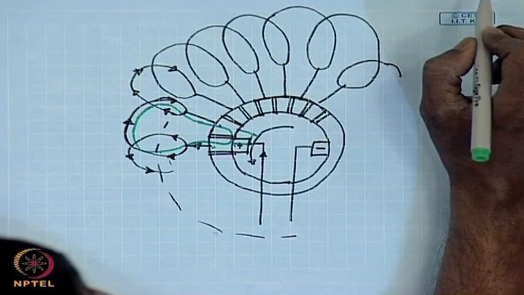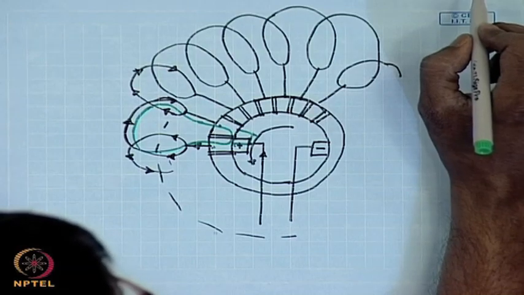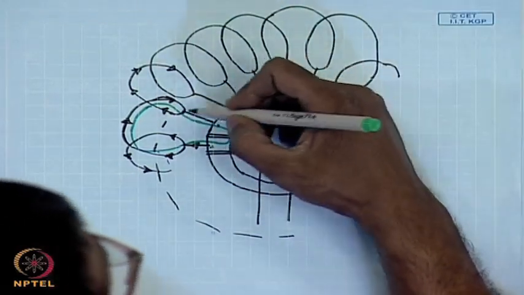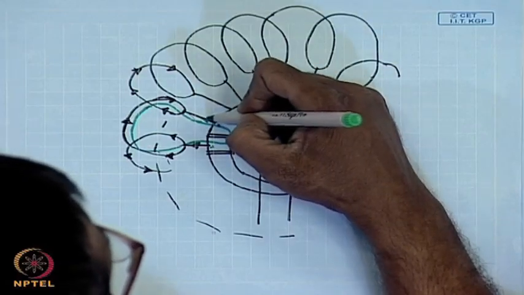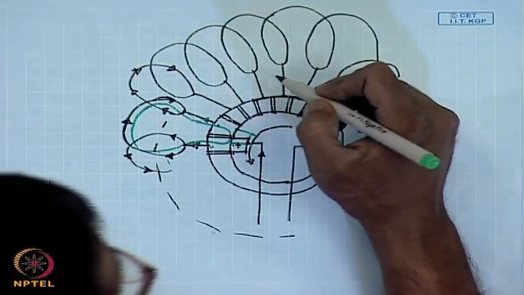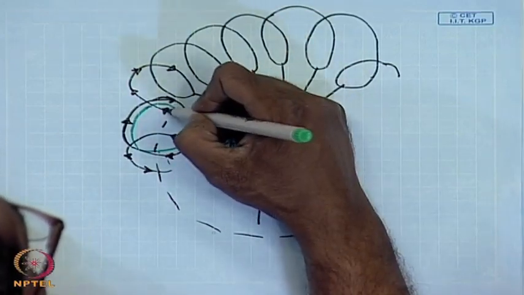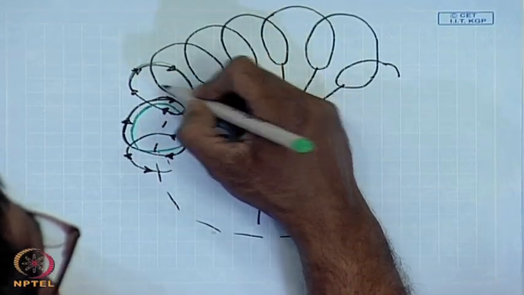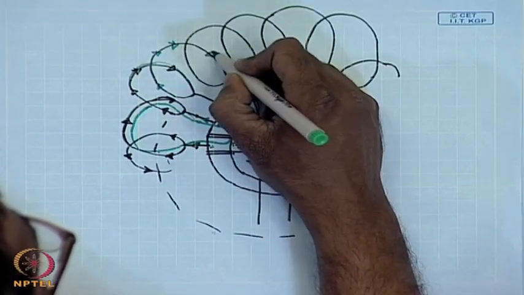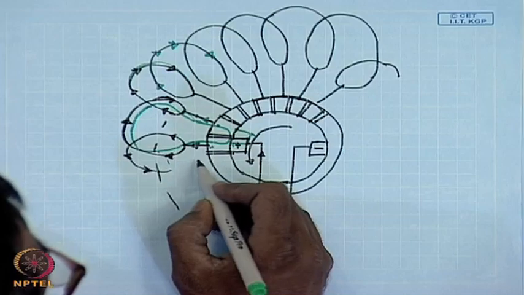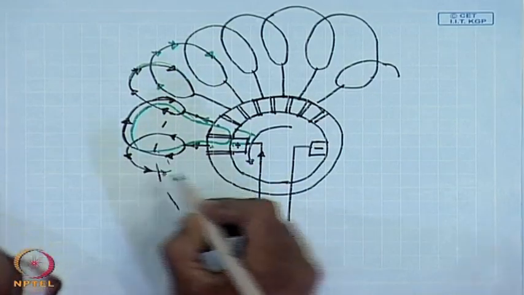How will the current flow then? Since this is shorted, there will be no current. However, the current will still flow in this direction through this coil as before, and through this part of the coil as before.